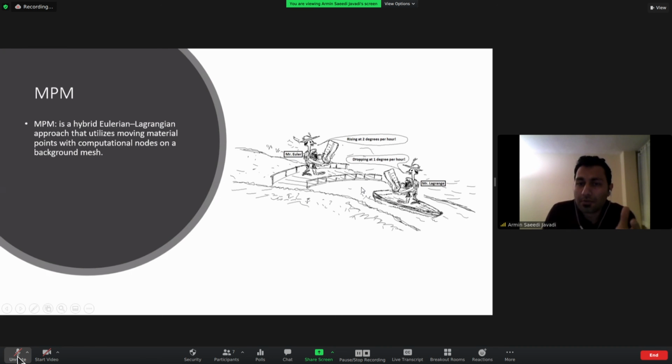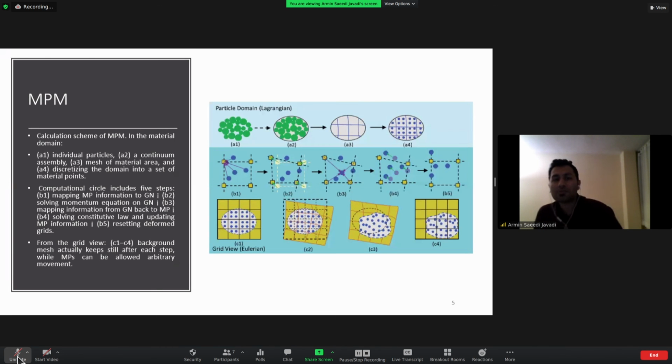This is the Eulerian view approach, and you can go with the flow and try to investigate these parameters. This is the Lagrangian view. So I want to give you a bird's-eye view over the MPM, then we can go to formulations and find out how to implement it in the code.